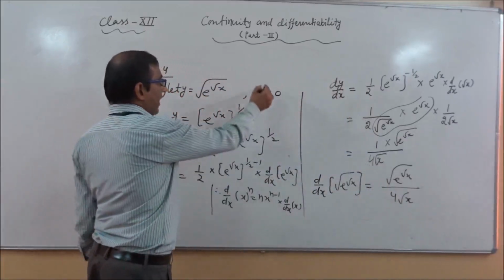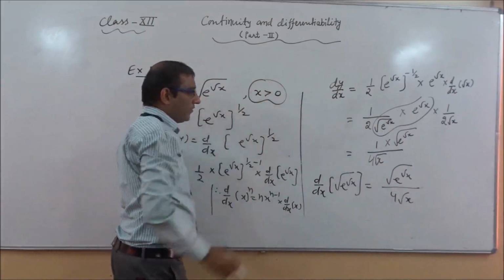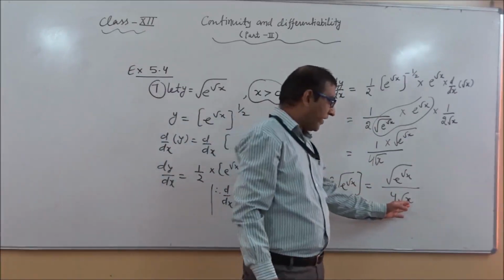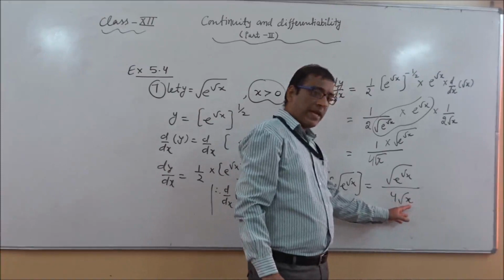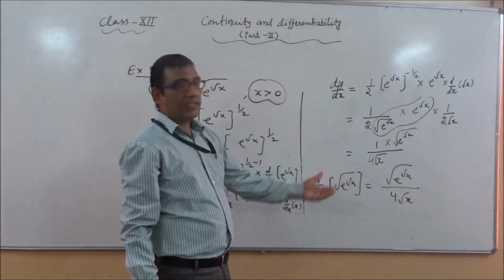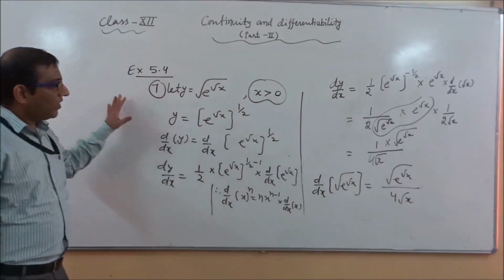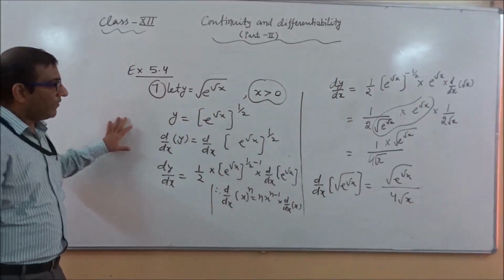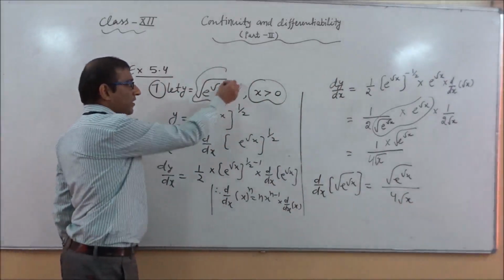And here it is given that x is greater than 0. What is the meaning of this? x is greater than 0 because if x is less than 0, then it becomes negative, and a negative sign under root is not possible, otherwise it will convert into a complex number. So this is the way of solving the question related with the exponential function.